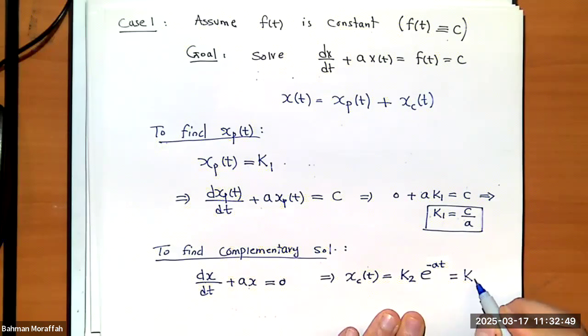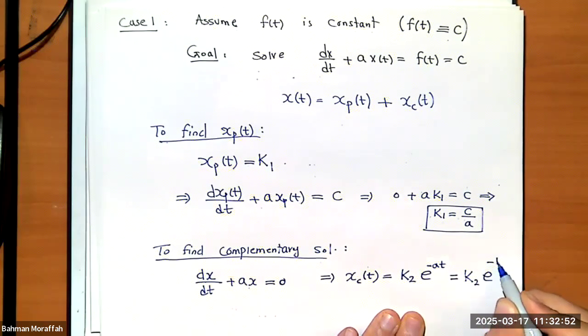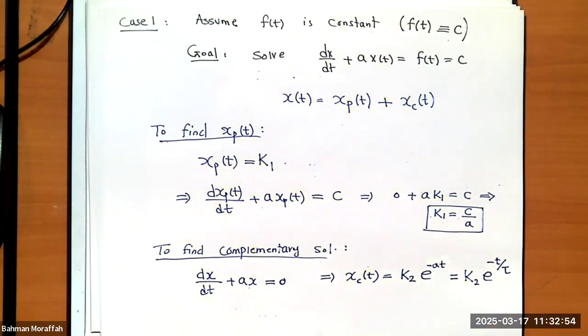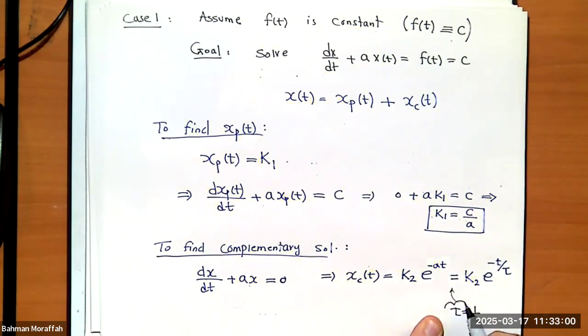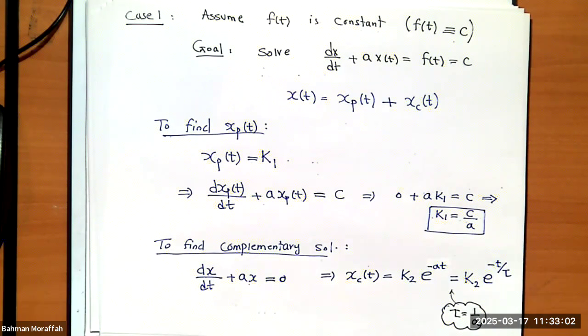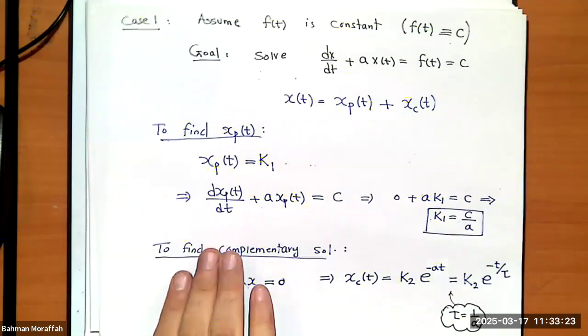We can also write this as k2 e to the power of minus t over tau, where tau is 1 over a. There is no mathematical reason for doing this. But since we're not just doing mathematics and we're doing circuits, there is actually a physical intuition behind this tau. So let me quickly write down this complementary solution.